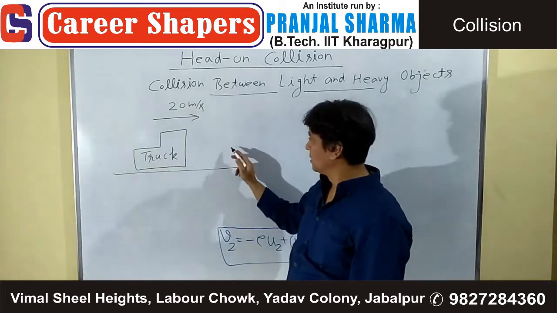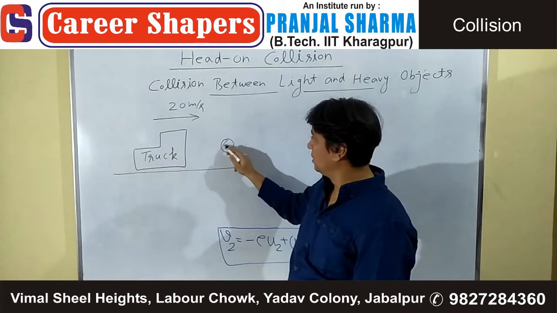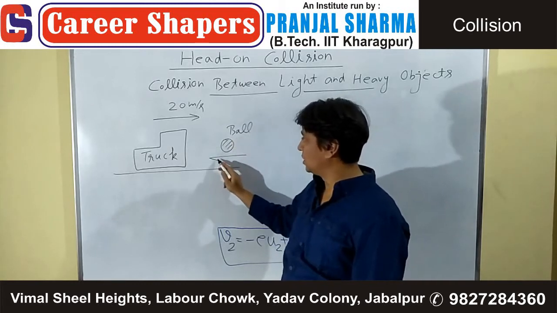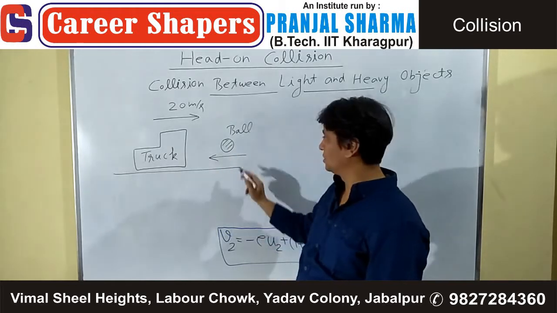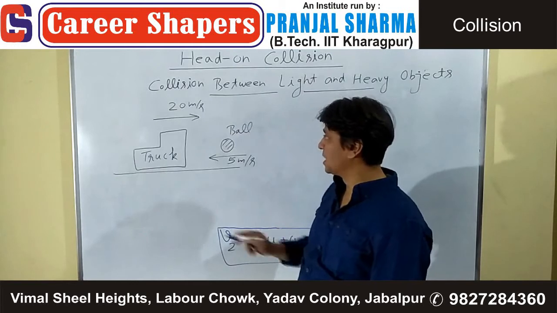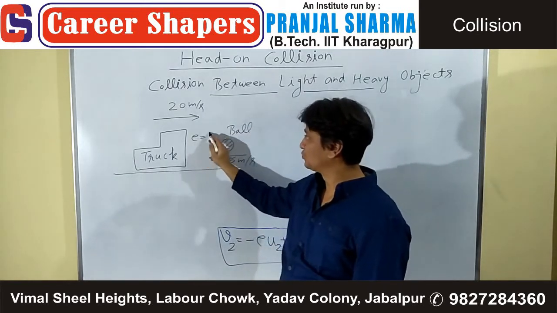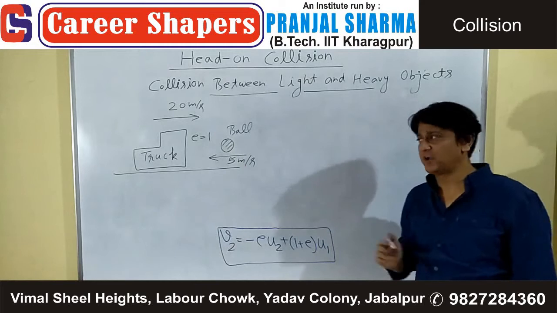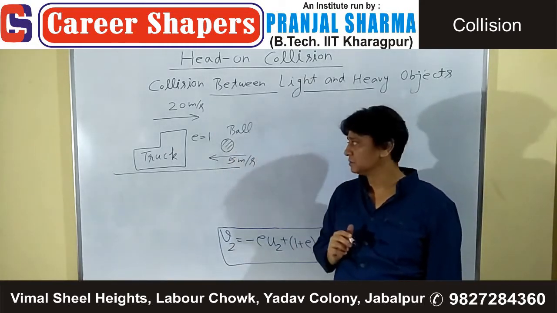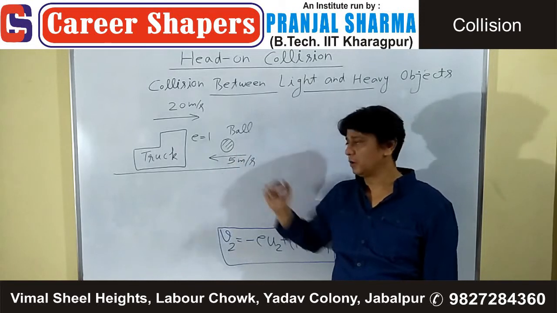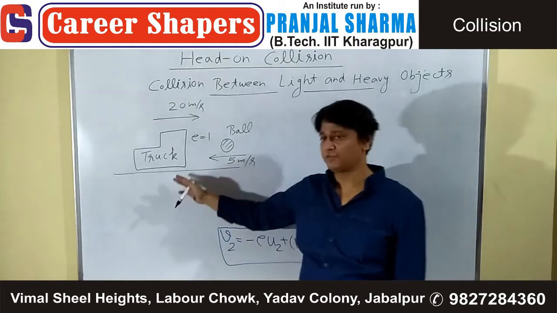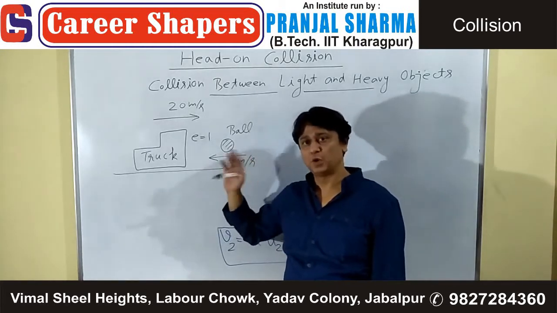And a ball, if you throw this ball in this direction with a speed of 5 meters per second, coefficient of restitution is 1, and the question is find out velocity of the ball after collision. We need to find velocity of the ball after collision. Nobody will ask you velocity of truck after collision. You know that will remain what?